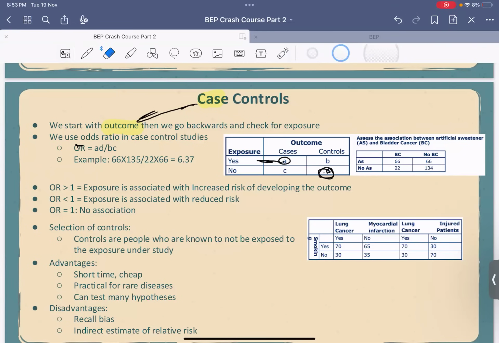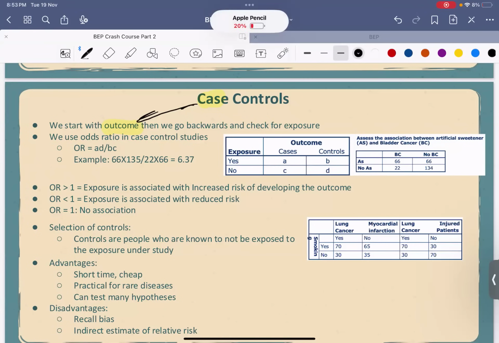We pick those, obviously. We pick the people who don't have outcomes. They're called controls, and they're not exposed. We multiply them and we divide by this crossing. Okay, and this gives us the odds ratio. The interpretation of the odds ratio is exactly the same, but the calculation is not the same. So important to know the difference.